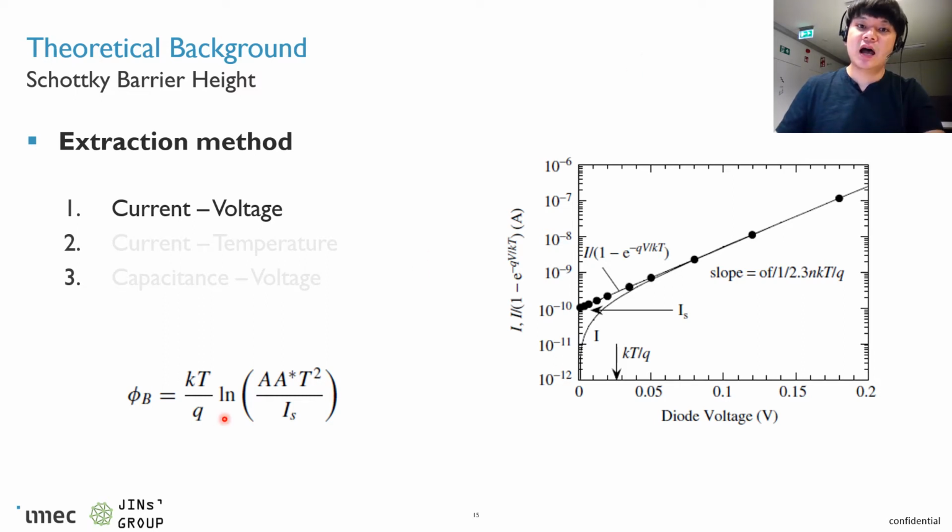But I don't have conditions for measuring with temperature variations, so it was only possible to use the previously stated Richardson constant of tungsten diselenide. I just need the change before and after the hot current injection or thermal treatment effect, so I just need an approximate Schottky barrier height. It's just the difference between before and after.